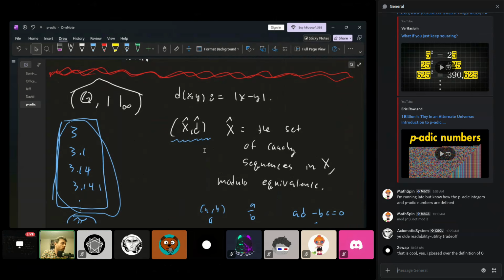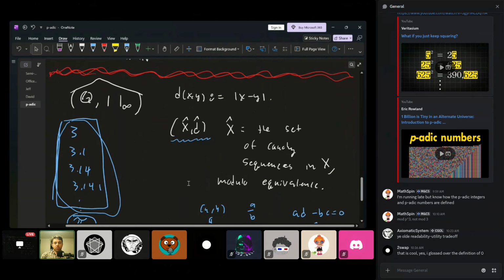And the whole reason we have the abstract definition of a metric is to study the properties of what it means to measure a distance between two things in greater generality.